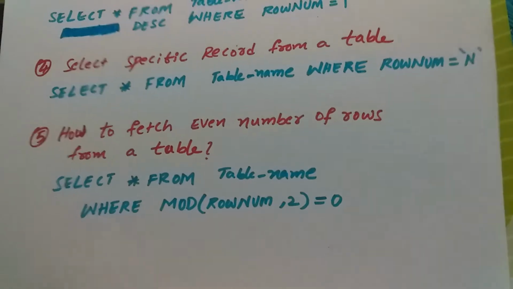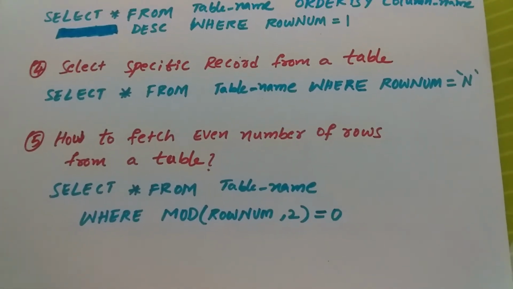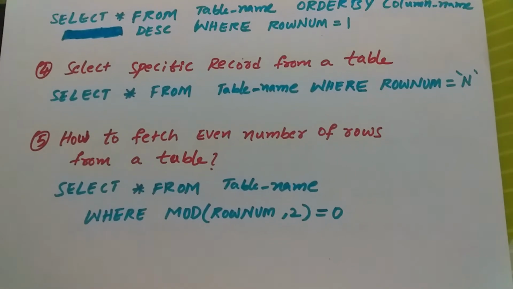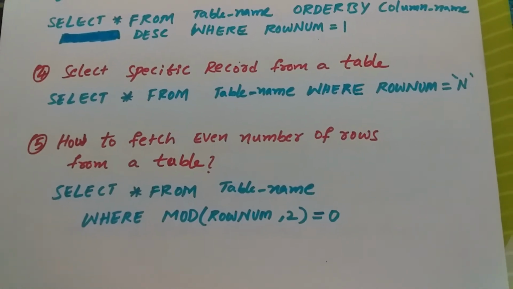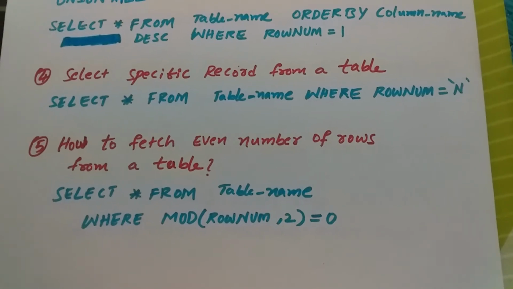And here I mentioned the column name as rownum. So if the remainder equals 0, then the condition is satisfied and it retrieves the even number of rows.